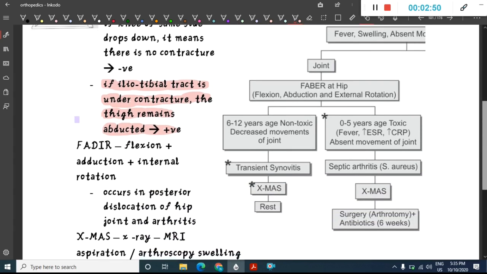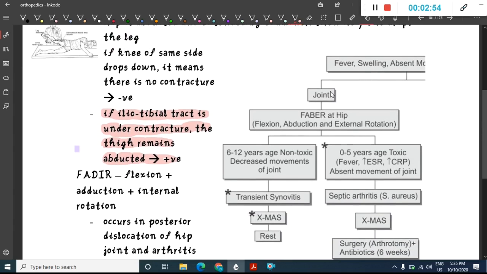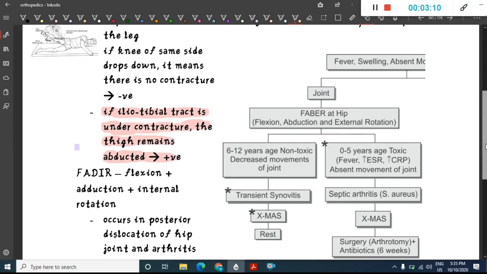So if there is FABER, whenever there is fever, swelling or absent limb movements and you think these are present in the joint, then on examination you will see flexion, abduction and external rotation. Then you will have to see the age of the patient.